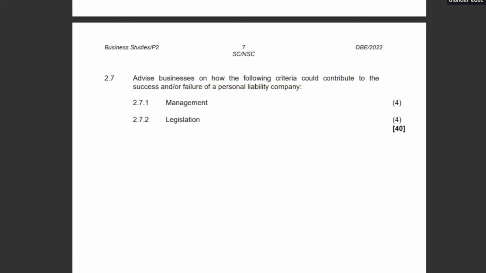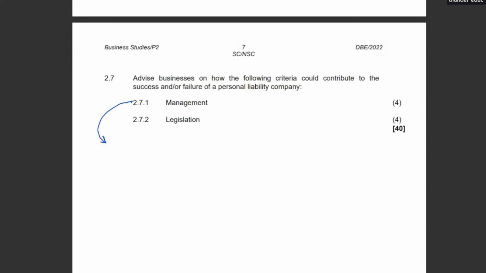So now we are actually going to draw a table on this question, and then we are going to check on the success and also on the failure of each and every concept. So we are going to check the success of the management and also the failure of the management.